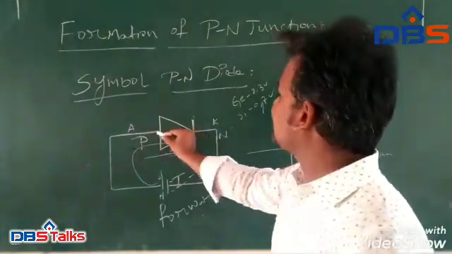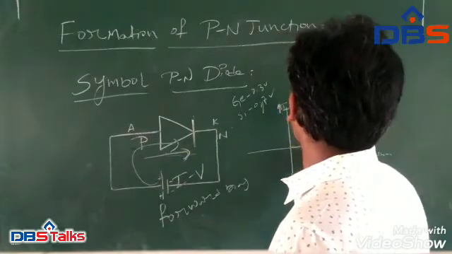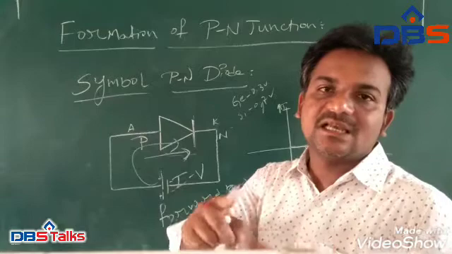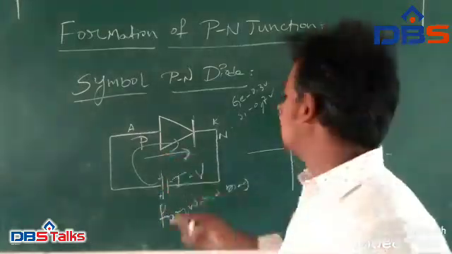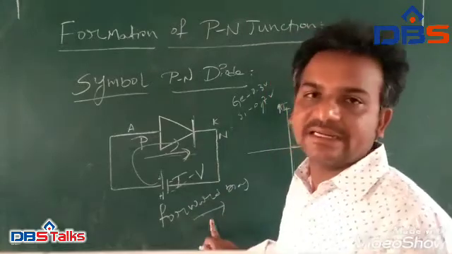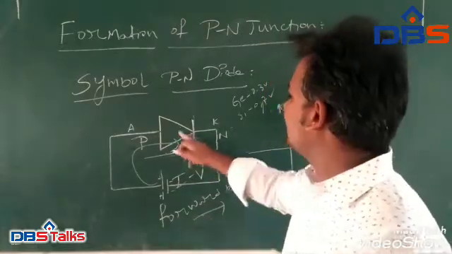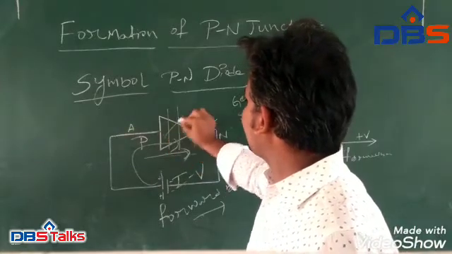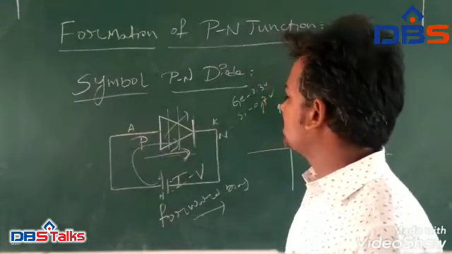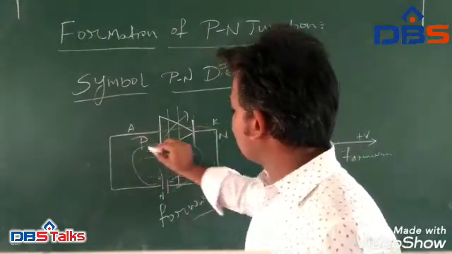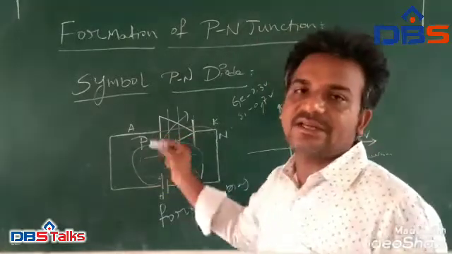That means it acts like a closed switch. Whenever the switch is closed, the current will flow continuously. So whenever the diode enters forward bias, it acts like a closed switch, and then the entire current flows around the circuit.